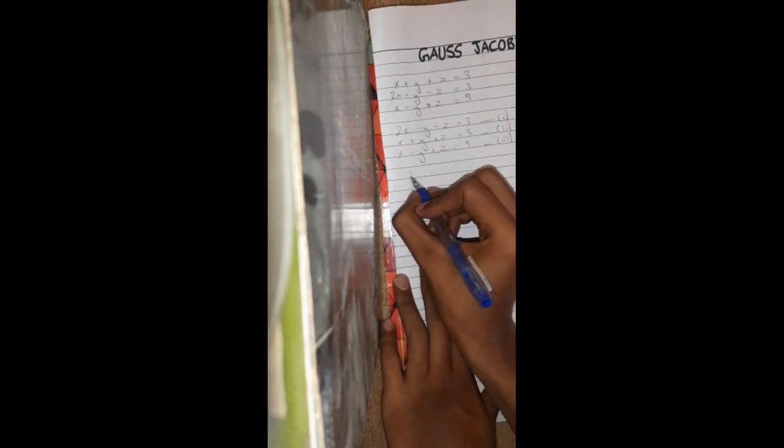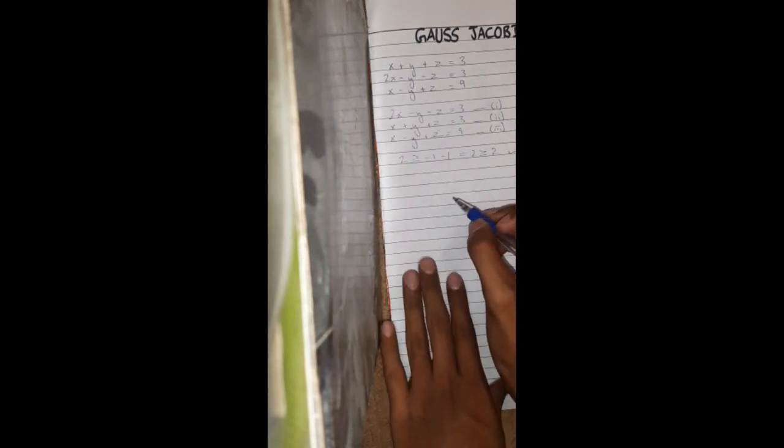For example, from equation 1 we have 2, the coefficient of x, and we have to check if it is greater or equal to |-1| + |-1|, that is 2. So 2 is greater or equal to 2. This is correct.